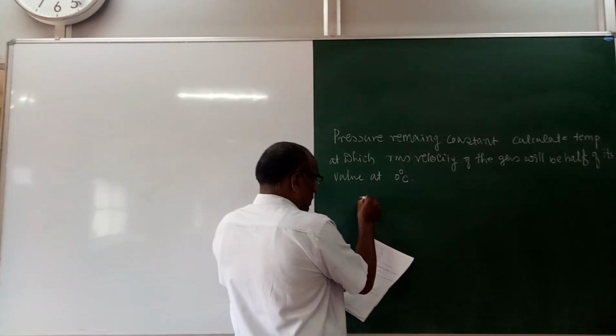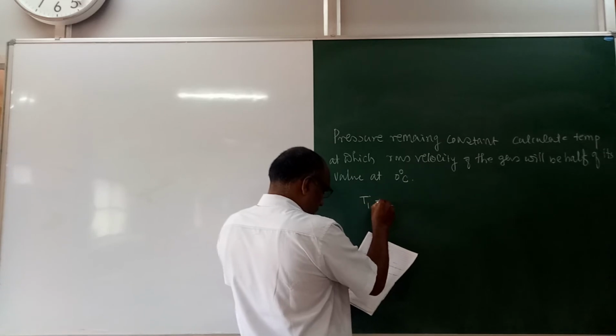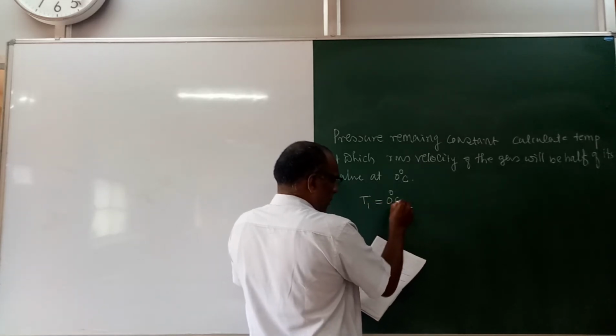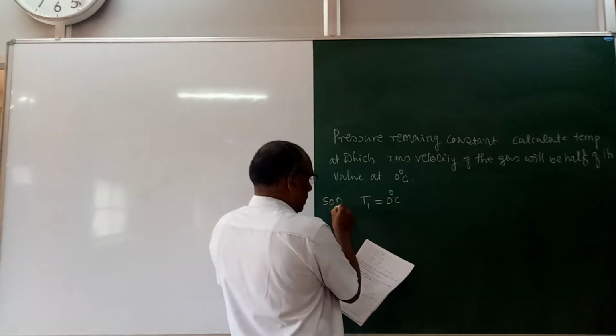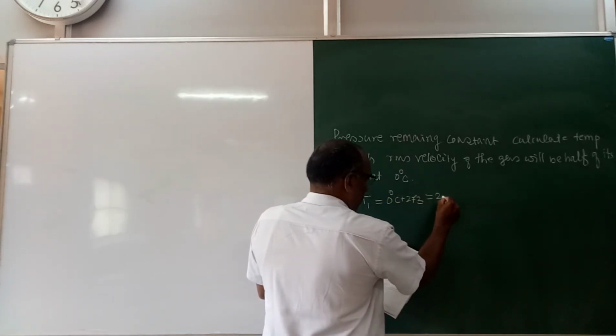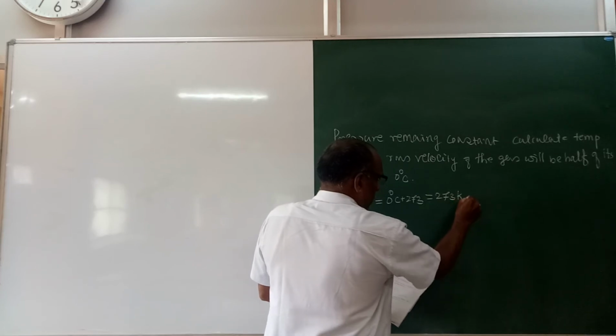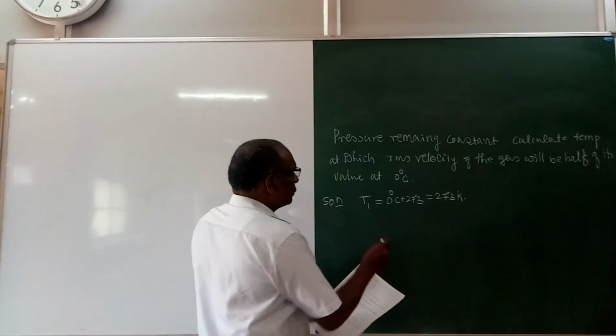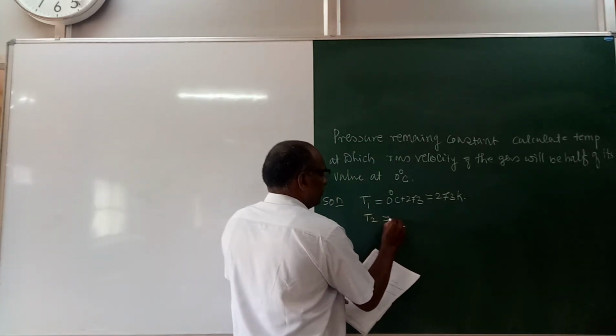So T1 is given as 0 degrees centigrade, plus 273, that is 273 Kelvin. It is conversion. T2 we have to calculate.